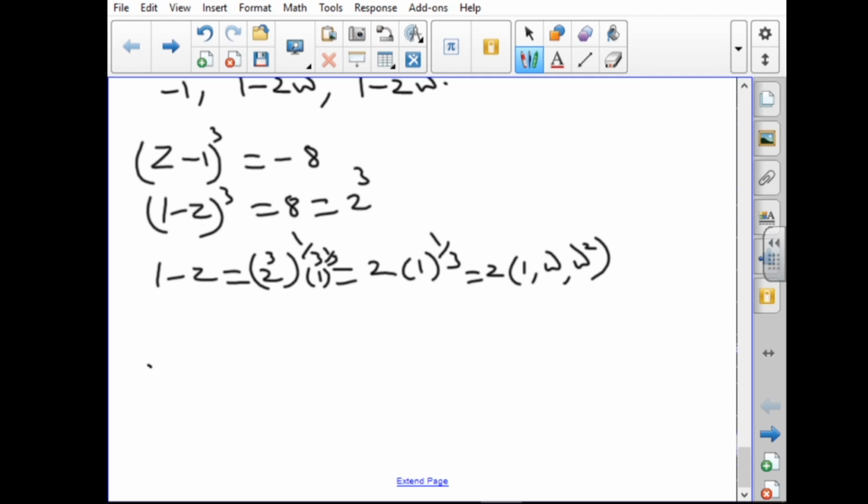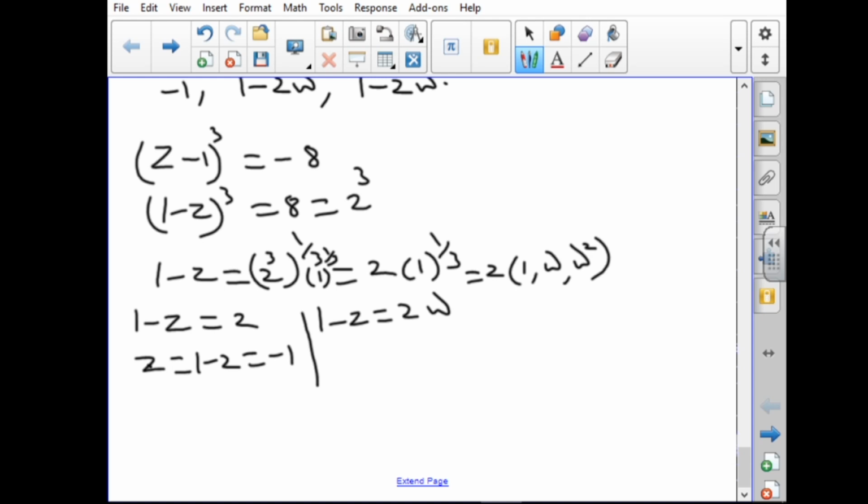So consider this. What you get, 1 minus z is equal to 2 first. So z is equal to, taking minus z that side, it becomes plus. So you get 1 minus 2, which is equal to minus 1. Then 1 minus z is equal to 2 omega.